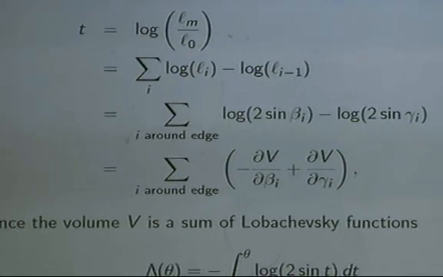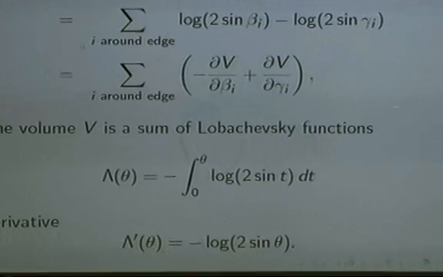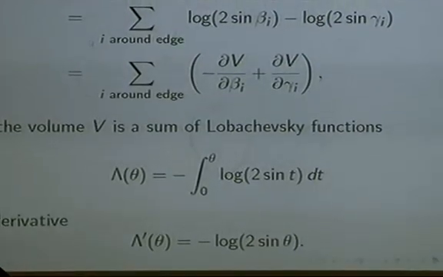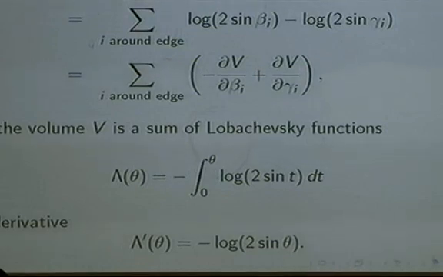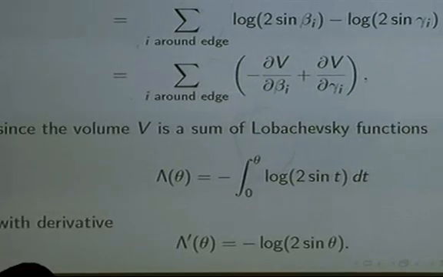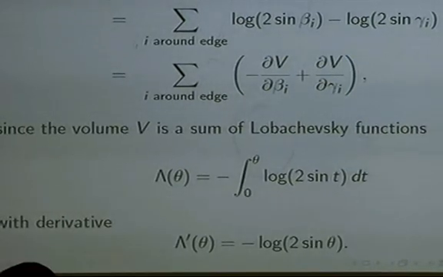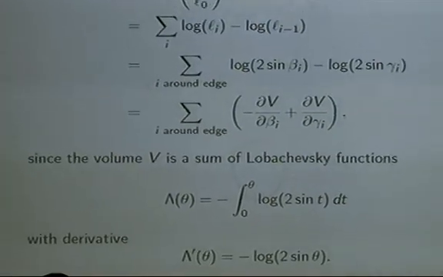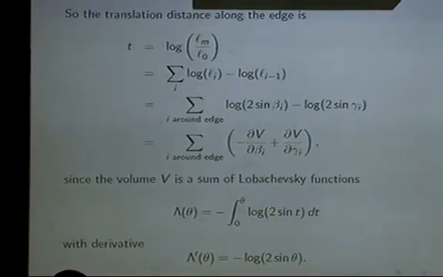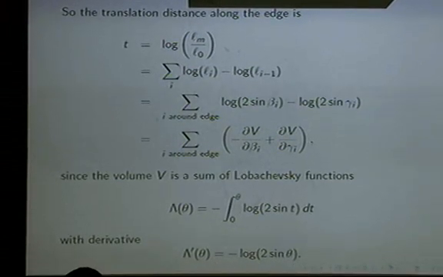So we can rewrite this translation length in terms of derivatives of our volume function. It's some kind of linear combination of entries in the gradient of the volume. And this is one of the key observations. This no translation condition becomes a condition on the gradient, some combination of the gradient of the volume.